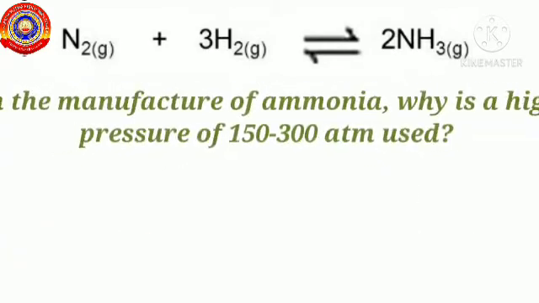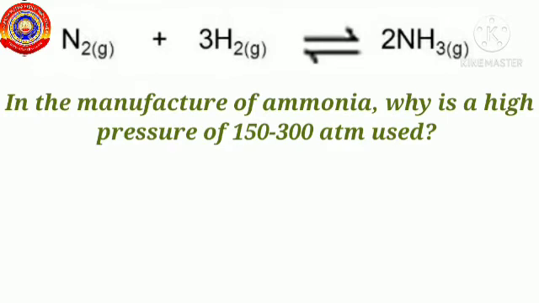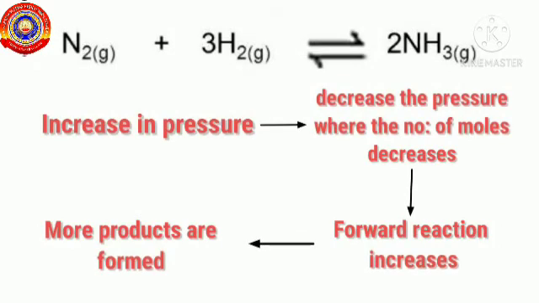Now see the last question. In the manufacture of ammonia, why is a high pressure of 150 to 300 atm used? You saw that in the second question, an increase in pressure leads to the formation of more product. So, in order to get more ammonia, a high pressure is applied on this system.